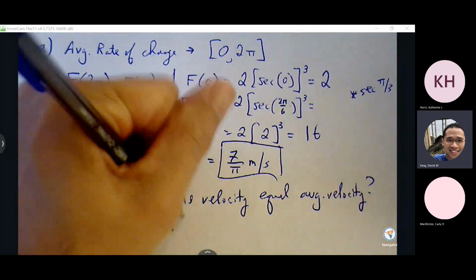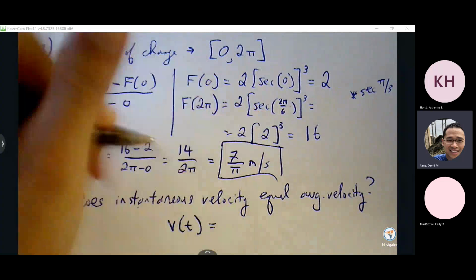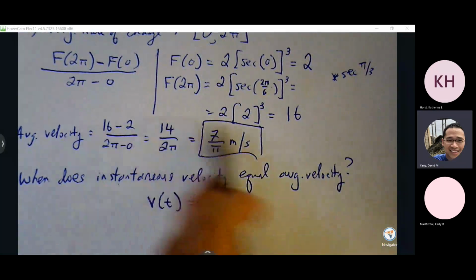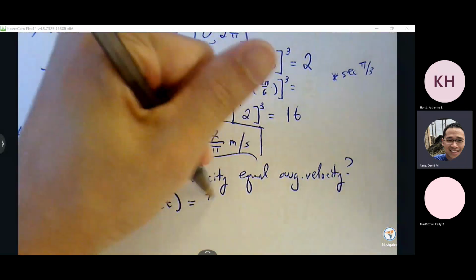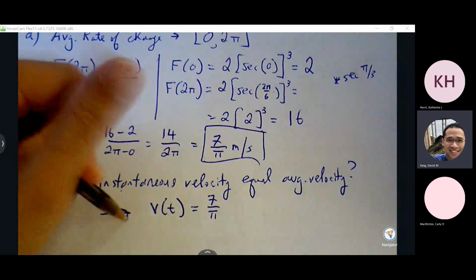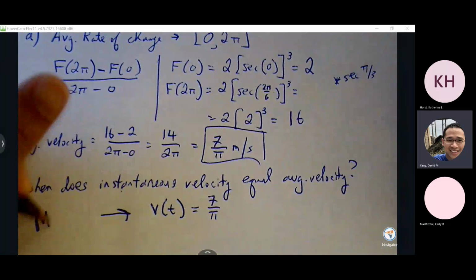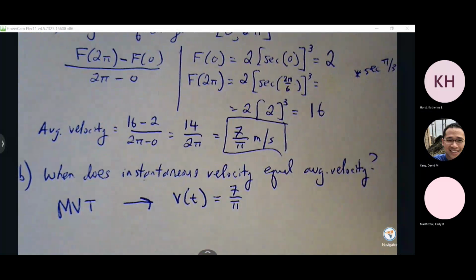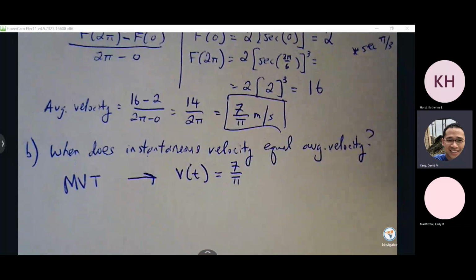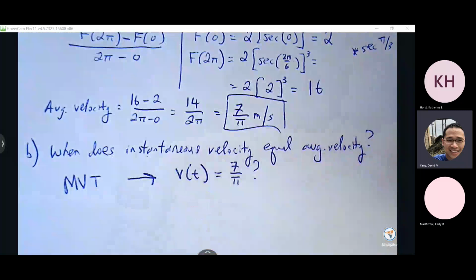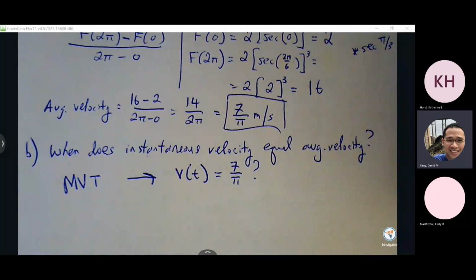So we just set up the equation the way they're asking us to. Equal to the average velocity, so that's 7 over pi. So we're looking for when velocity is equal to 7 over pi. And this is really just another rewording of mean value theorem. Mean value theorem is when the average rate of change equals the instantaneous rate of change. So we're just looking to set up where velocity is equal to that average velocity.